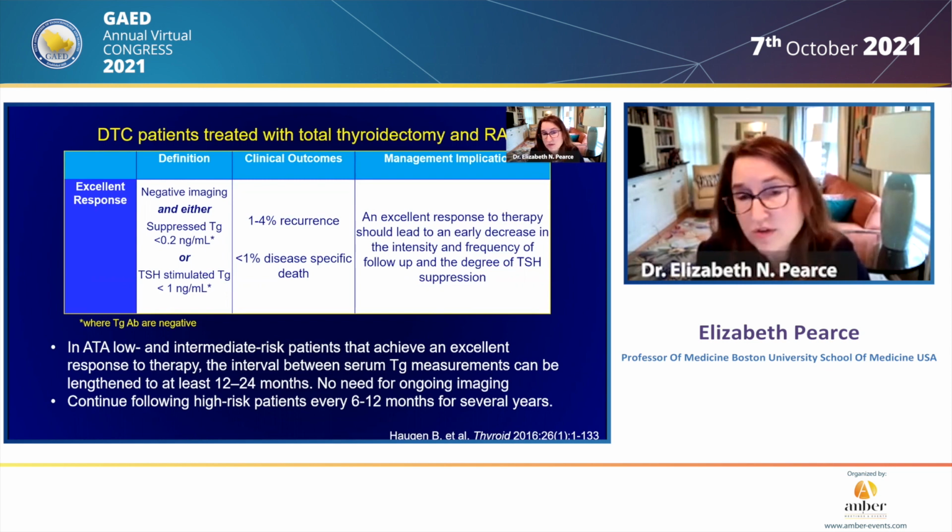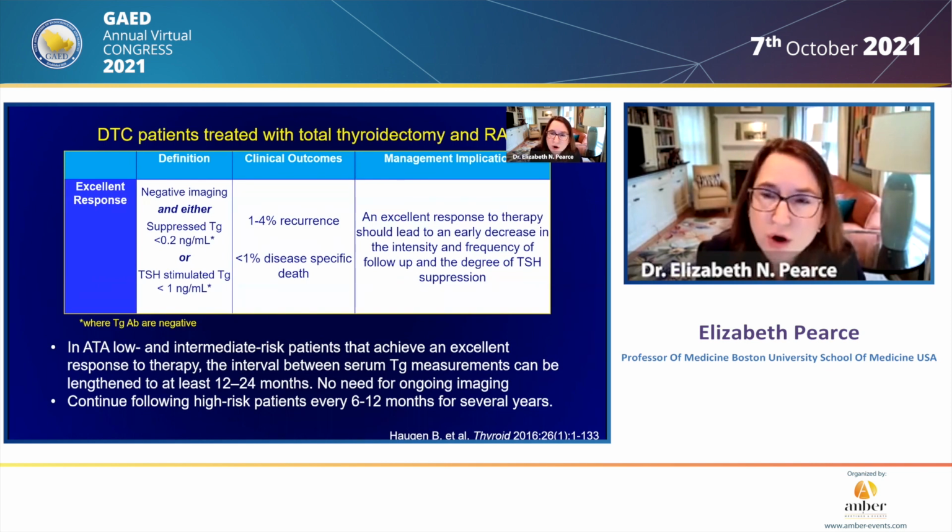And we know these are patients who are going to do very well. The risk for recurrence is 4% or less, the risk for death is essentially negligible. And so these are patients where we should not be doing very intensive, ongoing, lifelong surveillance. That incurs costs, and that incurs a lot of patient anxiety, actually.